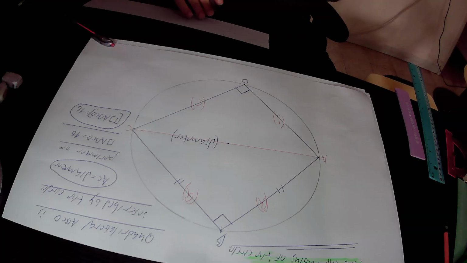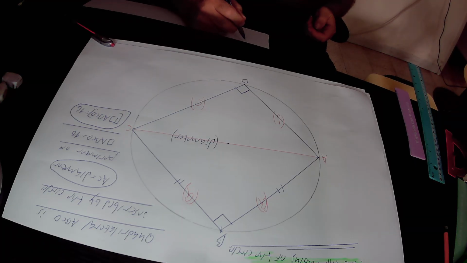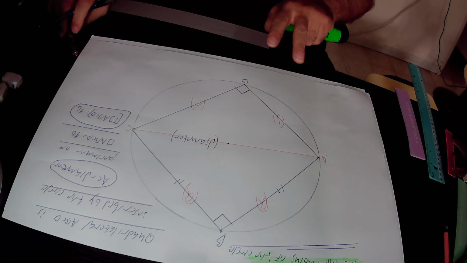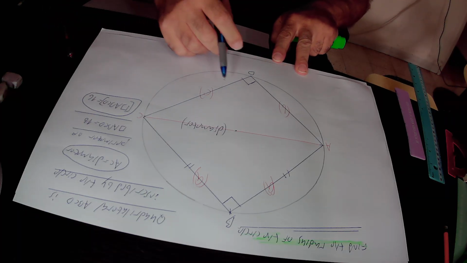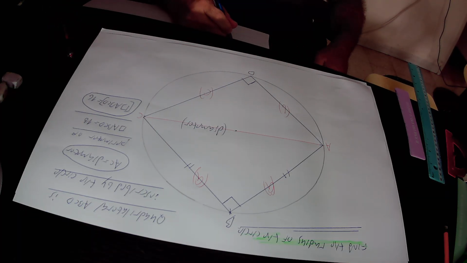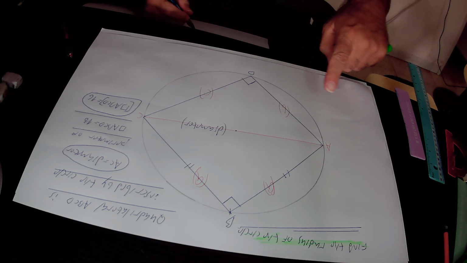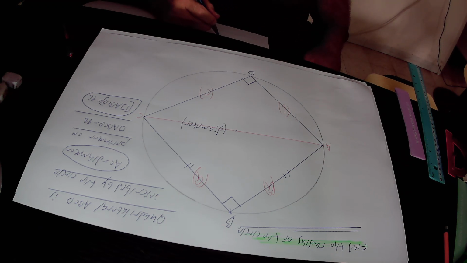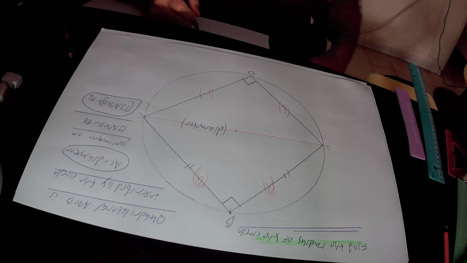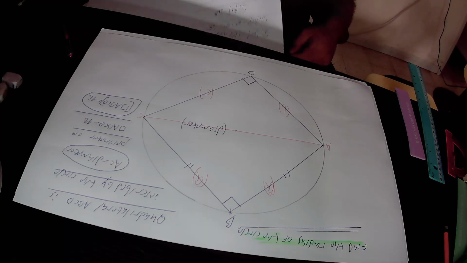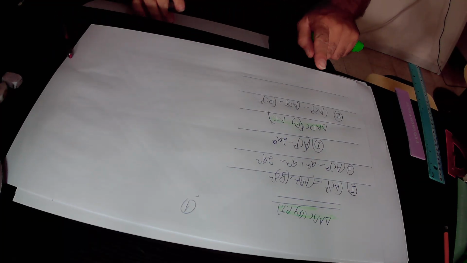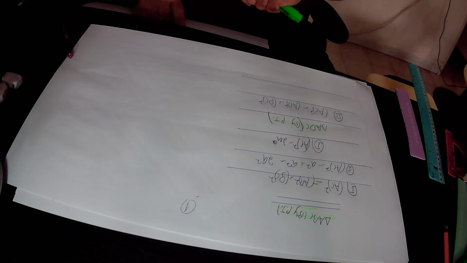According to the Pythagoras theorem, in this right triangle ADC, AC squared, that is the square of the hypotenuse, is equal to AD squared plus DC squared. And again, in the right triangle ADC, according to the Pythagoras theorem, we get that AC squared equals AD squared plus DC squared.